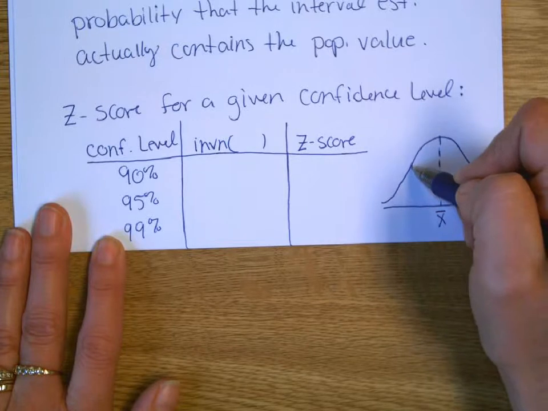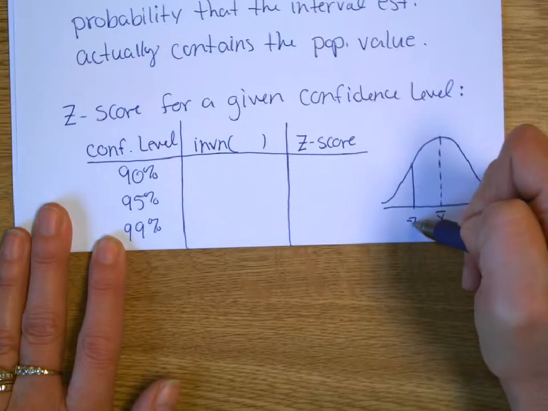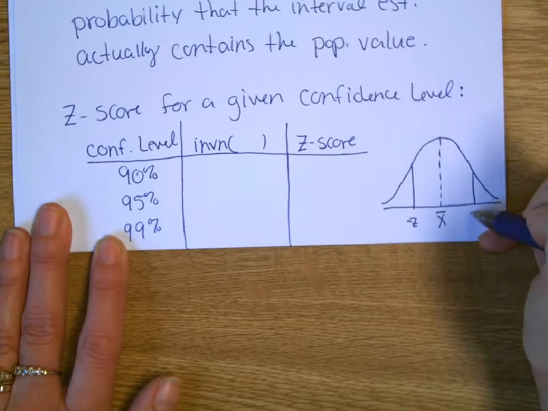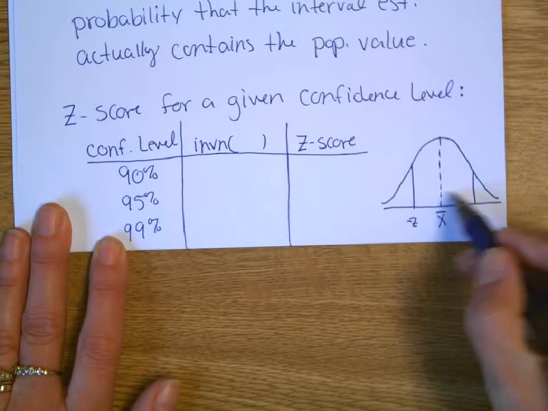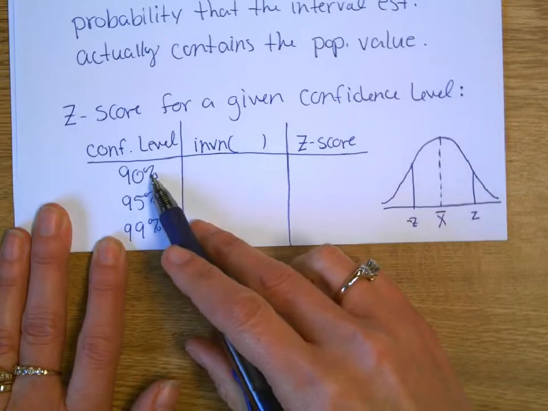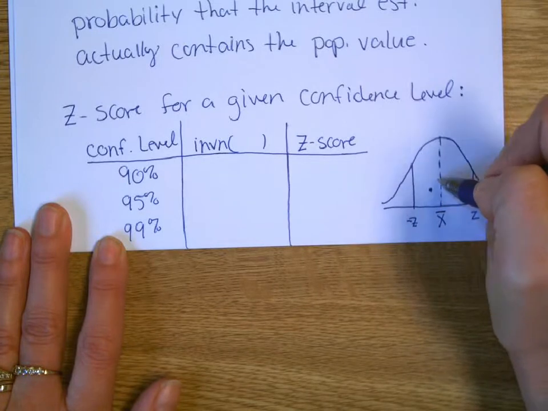So when I back up to a negative z and go forward the same amount, this middle portion then is my confidence level. So that's 90% of the graph in here.